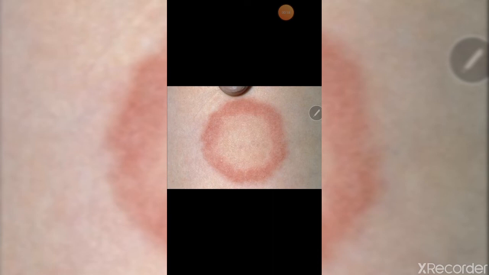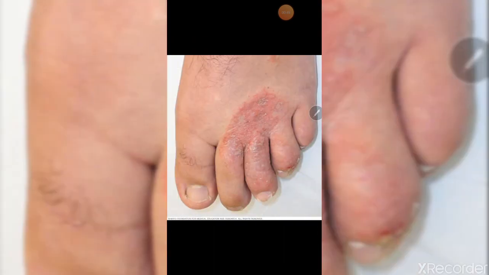It can be caused maybe by clothes, where some fungi pass to the skin. It can be treated with anti-fungal creams.